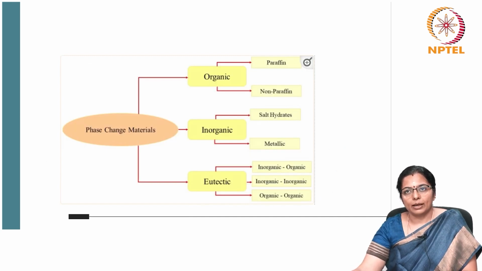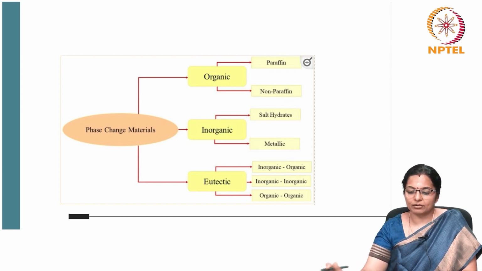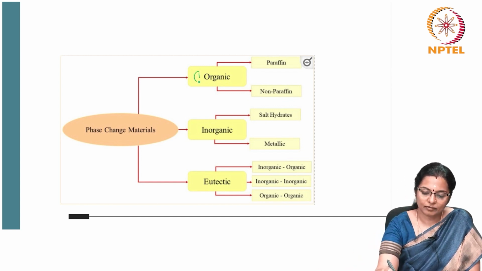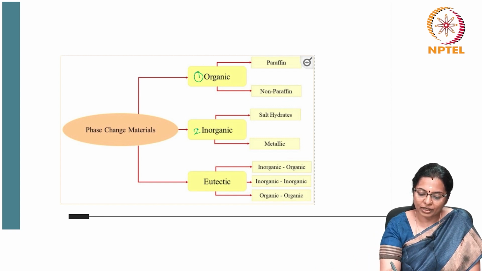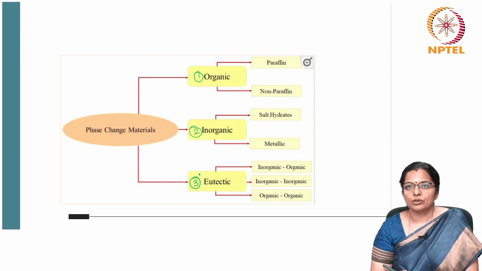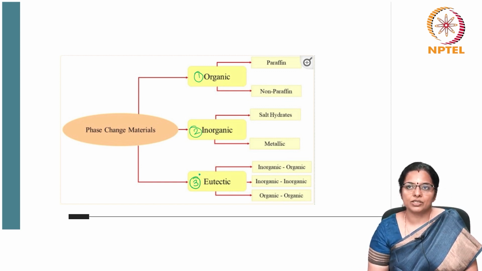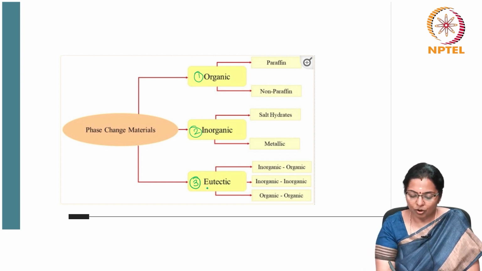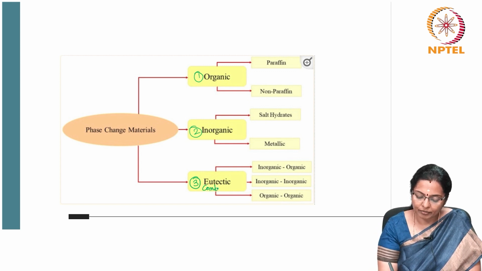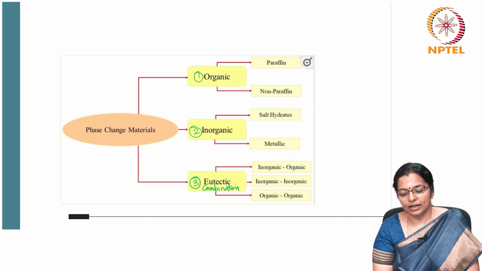So, based on chemical composition, a phase change material can be classified as organic, inorganic, or eutectic. So, there are three types of phase change materials. Eutectic is a mixture or combination of organic and inorganic.